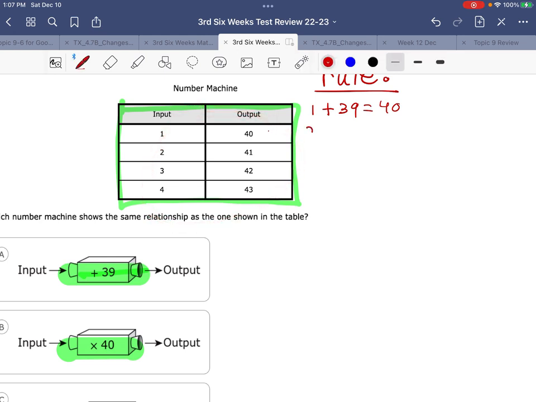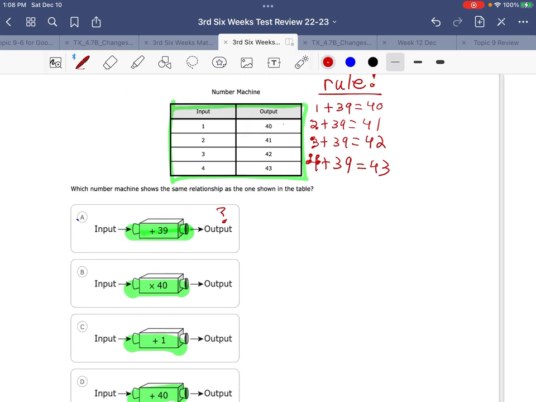So let's see. 2 plus 39 is 41, 39, 40, 41. 3 plus 39, so 39, 38, 39, 40, 41, 42, that works. Okay, let's see. 4 plus 39, so 39, 40, 41, 42, 43, that works. So A might be my answer, but I need to check all of them.